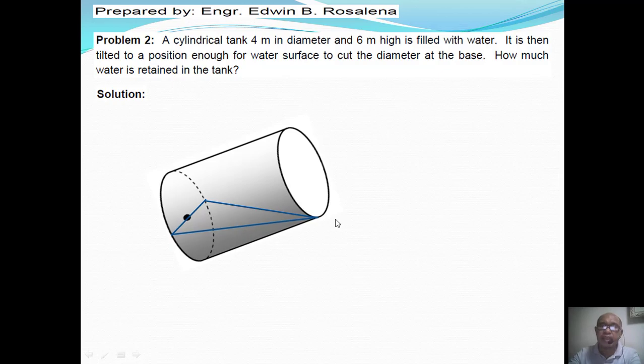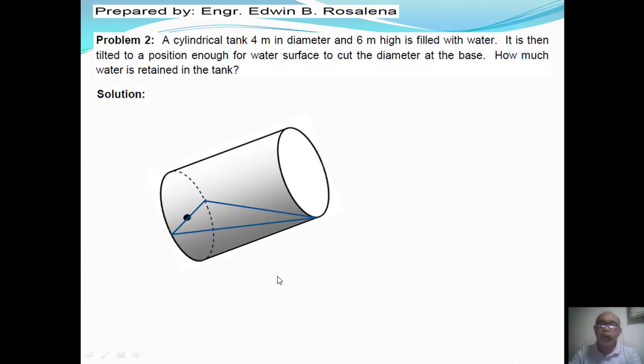The blue part there is the water surface. So solve for the volume of the water remaining. How much water is retained in the tank? So this diameter is 4 meters. This length is 6 meters. So the height of the cylinder is 6. I think I did not put in the values.